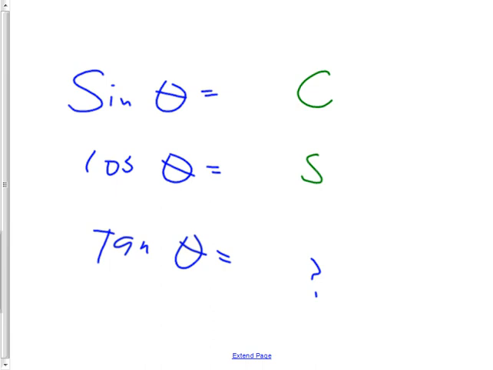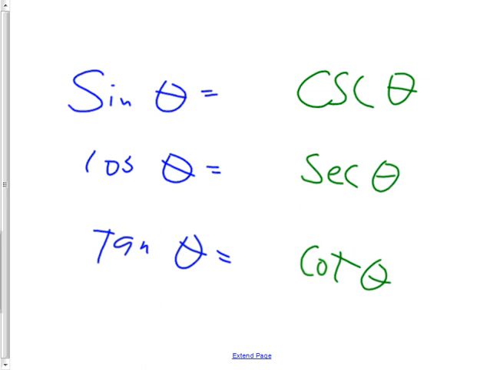Tangent and what's the other one? Cotangent. Okay. And sine goes with CSC, and that's cosecant. And the last one is cosine goes with secant. All right. There we go. Those are the big 6.